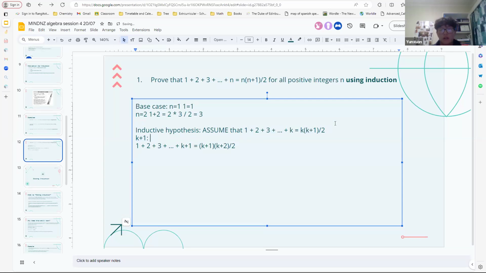But then by our inductive hypothesis, after we add k plus 1 to both sides, what happens? So k plus 1 is the same thing as 2k plus 2 divided by 2, right? And then if we add it to this, it would equal k squared plus k, and then we also add 2k plus 2.